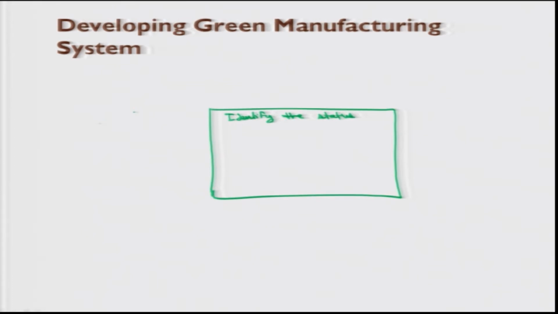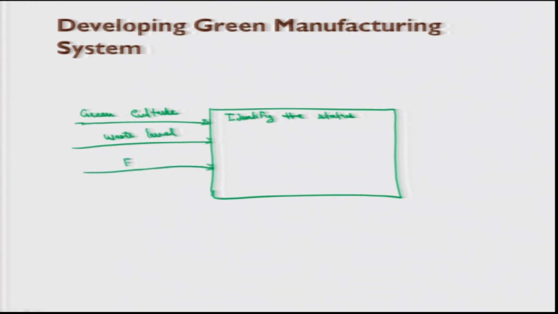What we need to see here is whether we have a culture in our manufacturing concern that is aware of green manufacturing or sustainable development. Do we have a green culture here, what is our waste level, what is our eco level, what practices are we following? For this, a quantitative assessment has to be done.